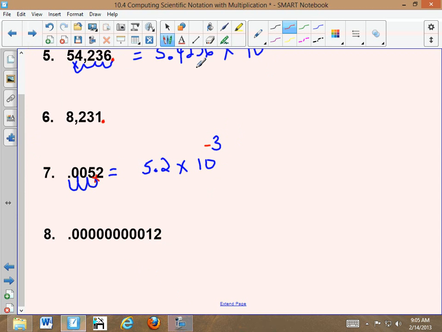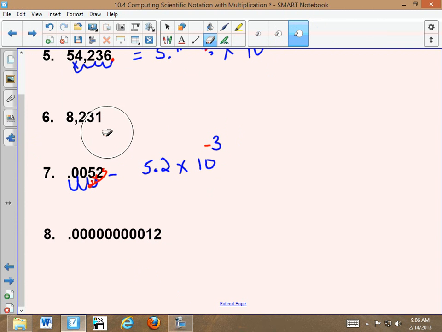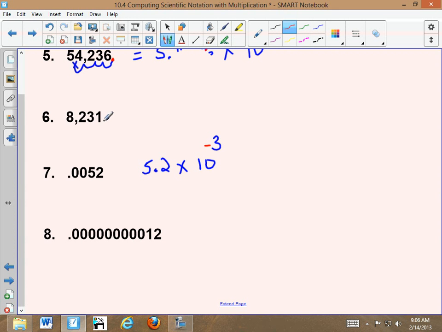Okay, let's look at number 8. What happened? Hello, what happened? I know my decimal is right here, okay? I need my decimal to be between the 8 and the 2. Now, sometimes kids think, oh, it was at the comma, so now it's always going to have to be at the comma. No, no, no, no. It has to be between the first 2 numbers.